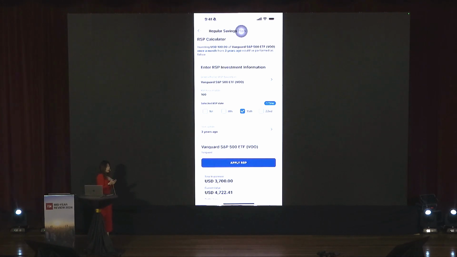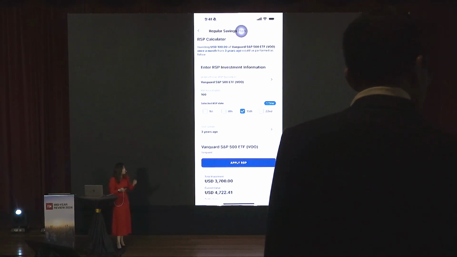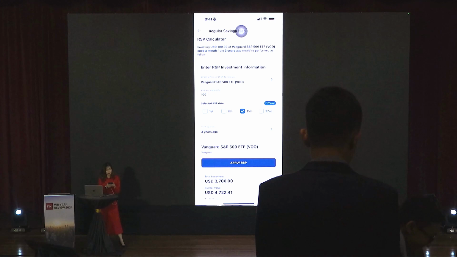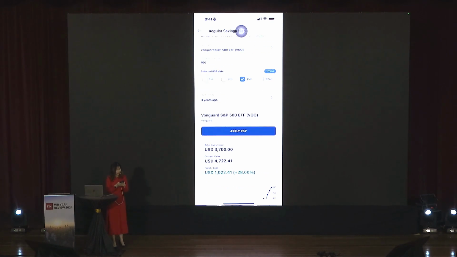So for example, I do a regular savings plan into VOO. For the past 3 years, by selecting every month, I contribute on the 8th or 15th of the month, for example, okay, I choose 15. Every 15th of the month, I invest $100 into this VOO consistently.